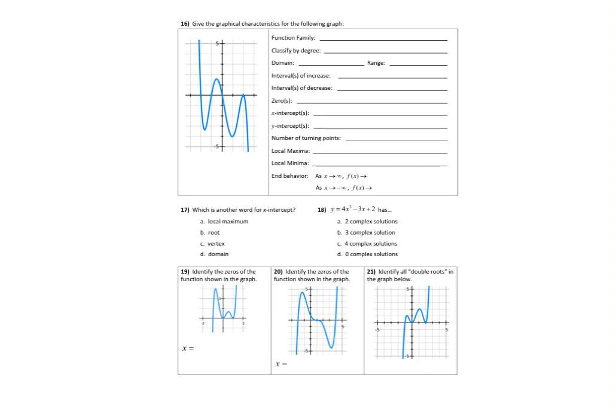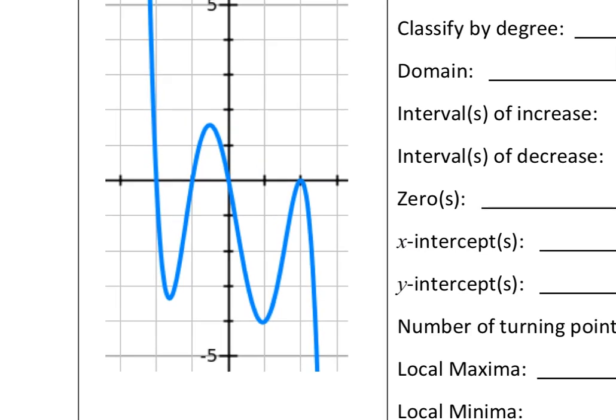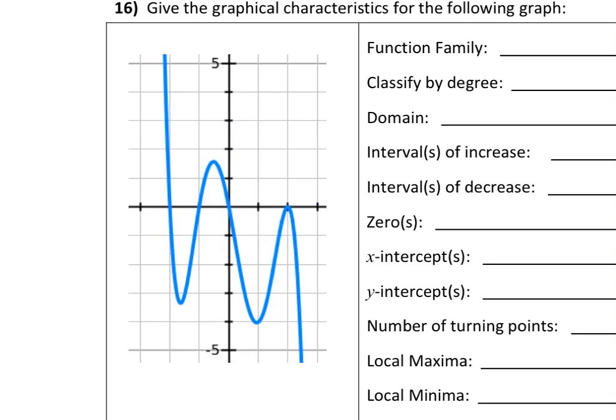Next we have our famous box problem. And so let's take a look at this graph. I've given you a crazy graph. It's probably not going to be so crazy on the test. And I want to kind of think about the turning points. I see 1, 2, 3, 4 turning points. Number of turning points, let's already write that in there, is 4.